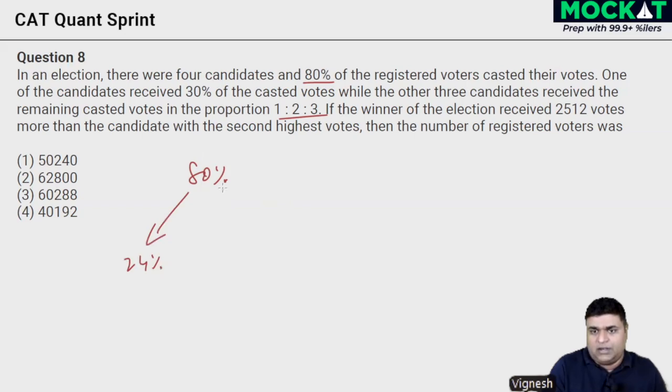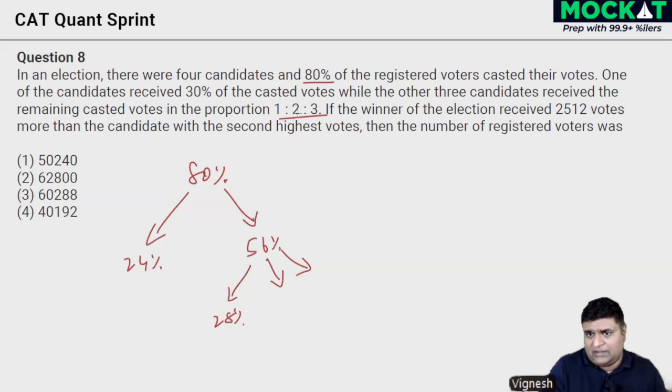Okay, now what about the rest? The rest over here is going to be 56%, right? Difference between these two. And this was divided in the ratio 1:2:3, right? We can write it as 3:2:1, whichever way you want it, right? The reason I'd go for that is 3/6 is half of this, 28%.